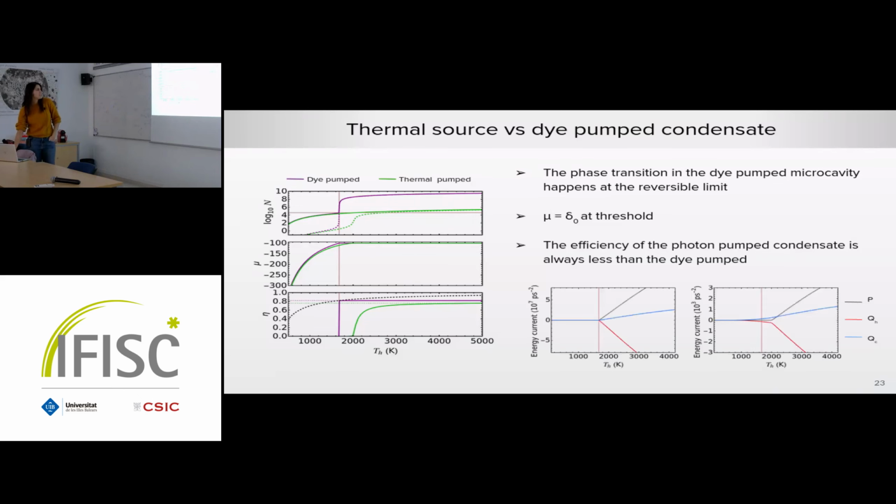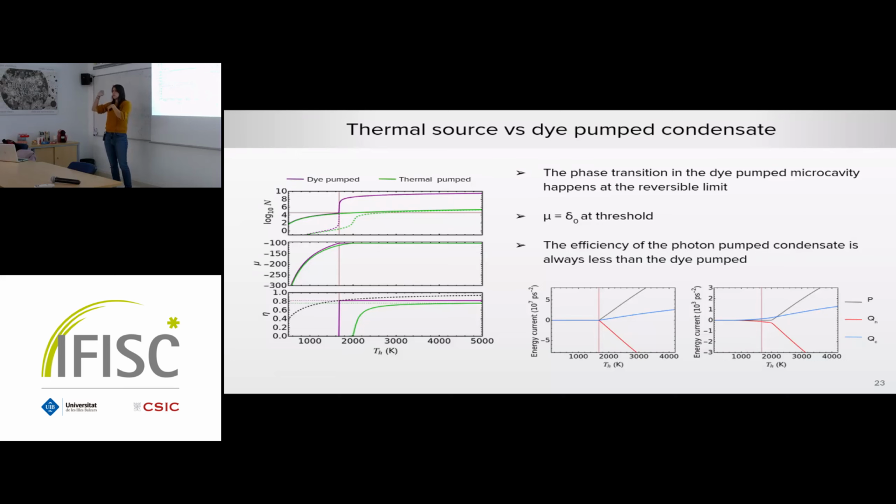If we calculate the heat current, you have that there is no heat current for the first case, the dye pumped one, until you reach the reversible limit. But in this case, because you're pumping in all these different modes, it's almost like you have all these different energies being exchanged at the same time. And because of that, you can have heat currents even without power.